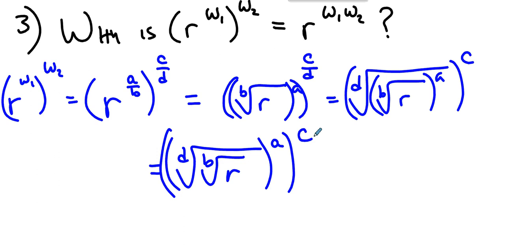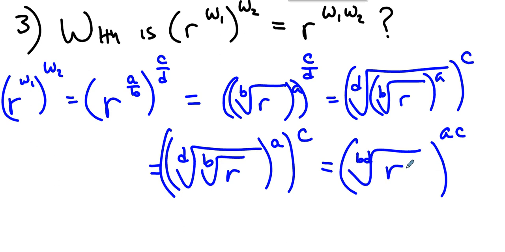And that is being raised to the c power. So power to a power, that's great. Root of a root, that's great. And that is what you're looking for. That is the thing that you're looking for.